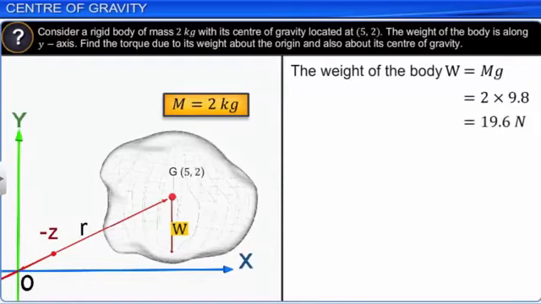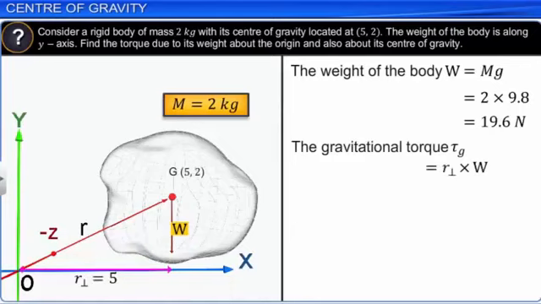The gravitational torque tau g is equal to R perpendicular into W, which is 5 into 19.6 Newton meter, equal to 98 Newton meter, and acts perpendicular to the plane of the paper and passes into it.